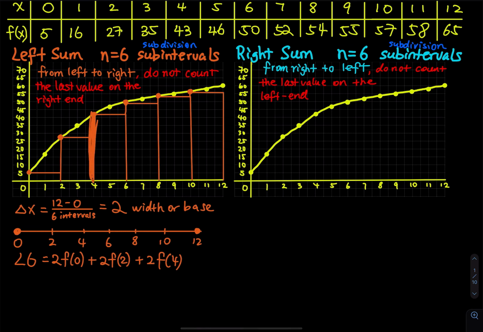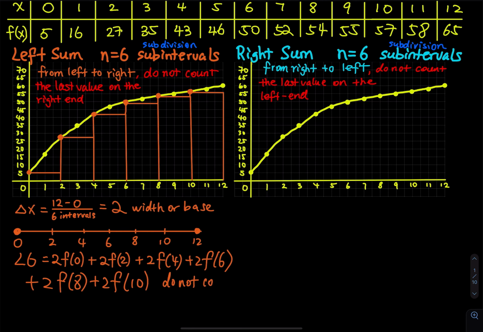And then plus 2 f of 6, plus 2 times f of 8, and plus 2 times f of 10. And then we do not count f of 12. Do not count the 12 because we already have 6 rectangles. Let's count. 1, 2, 3, 4, 5, 6. We already have 6 rectangles.